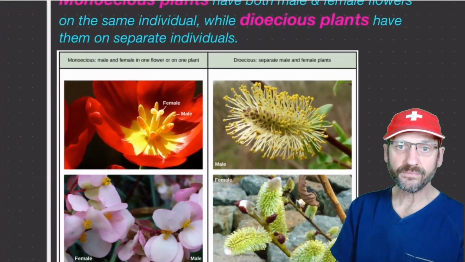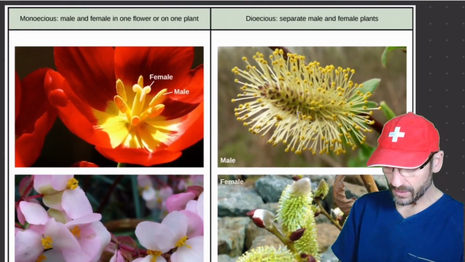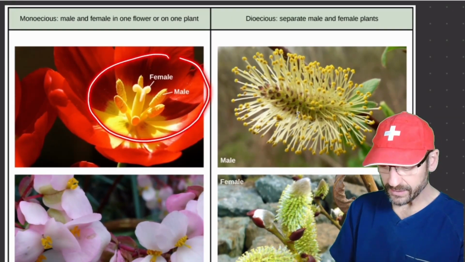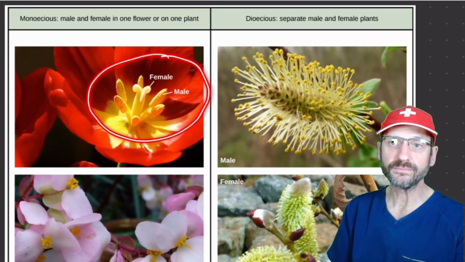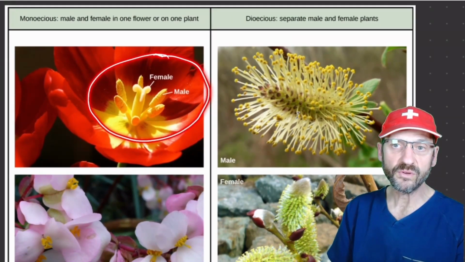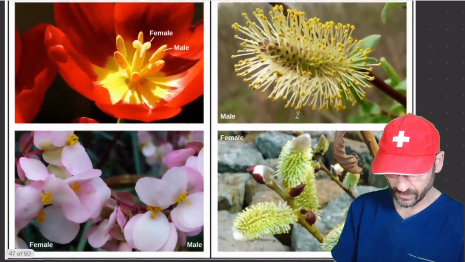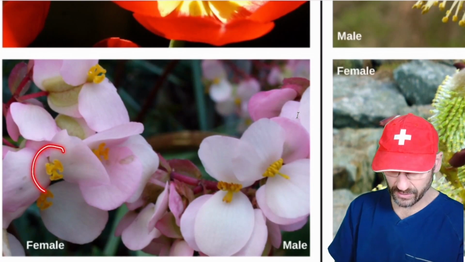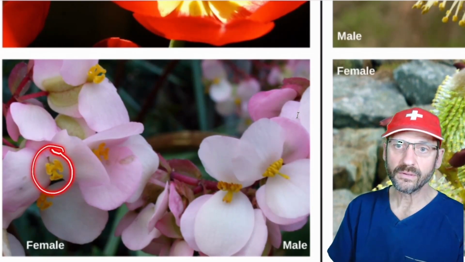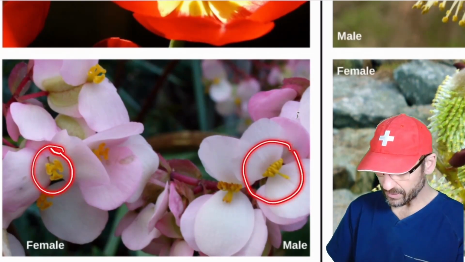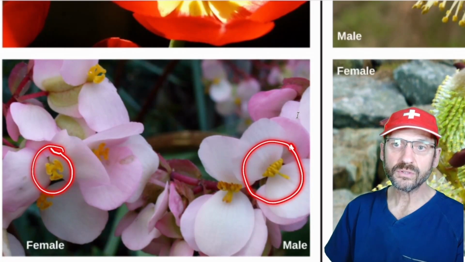See here? The pistil and the stamen are on the same flower. This is a perfect flower. On the one below, you've got the pistil on the female flower and the stamen on the male flower. So these here are imperfect flowers.